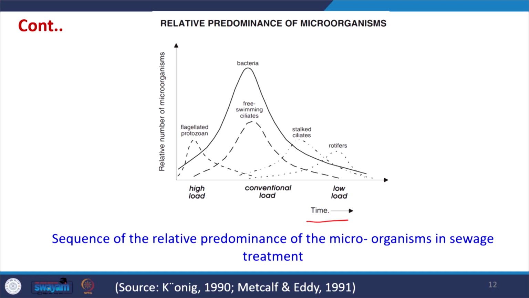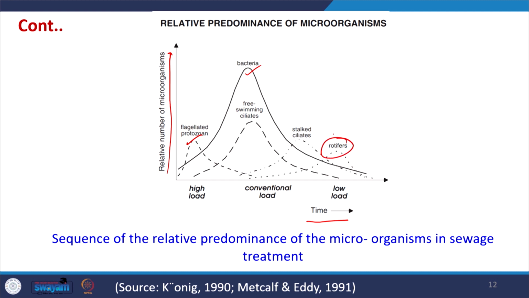Now, this is how the relative number of microorganisms changes with time. It will depend upon the high load, conventional load and low load also. So, it will vary depending upon the type of load and the time. We can see that protozoa are initially present, then bacteria will first increase and then decrease, and ultimately we will have rotifers.